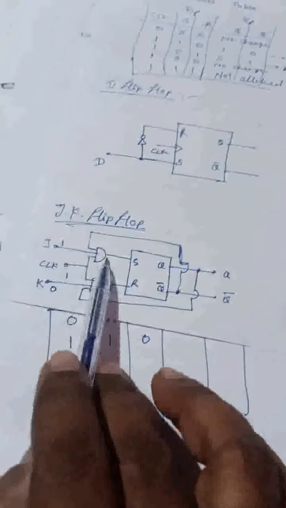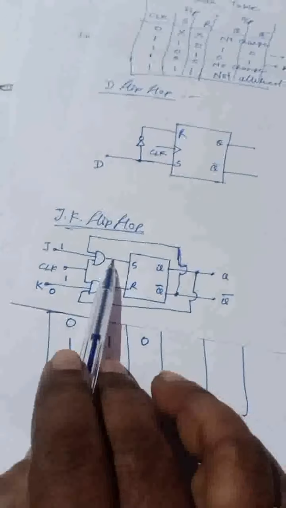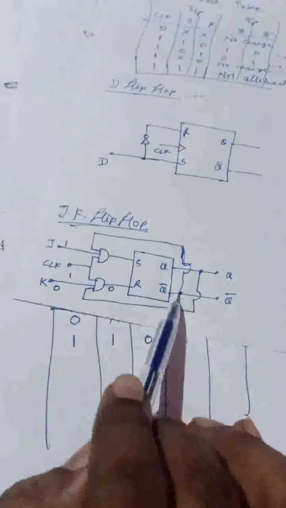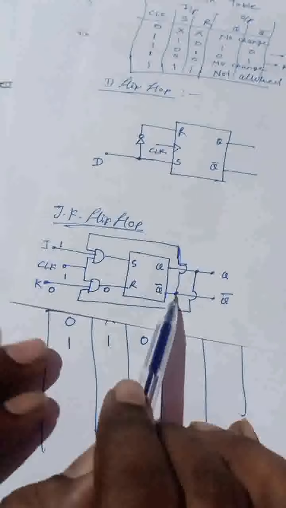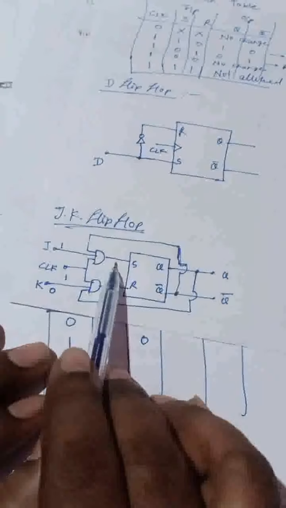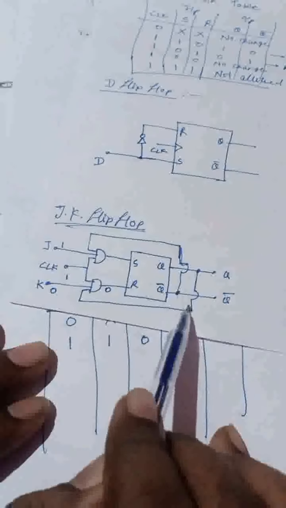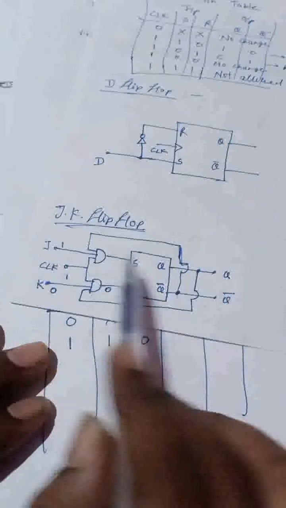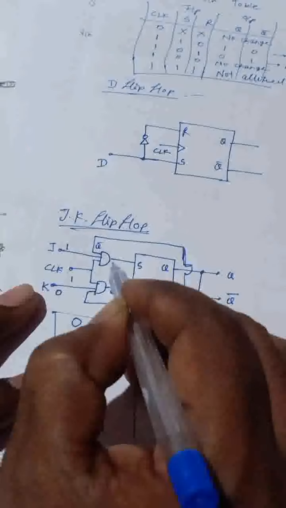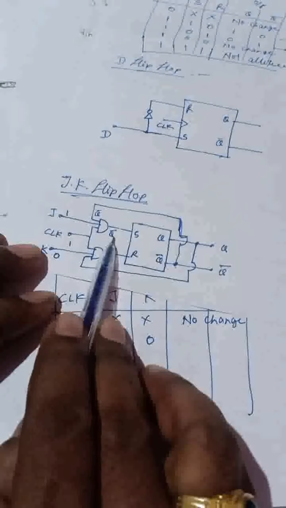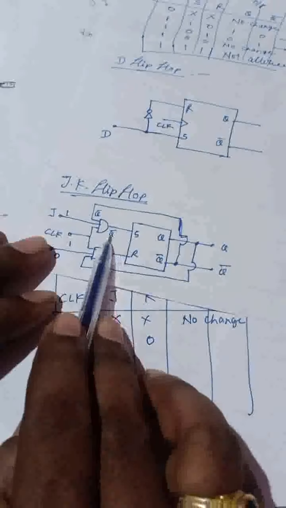But for the other AND gate, if J is equal to 1 and clock is 1, then its output depends on Q bar. When Q bar is 0, you will get S equal to 0.